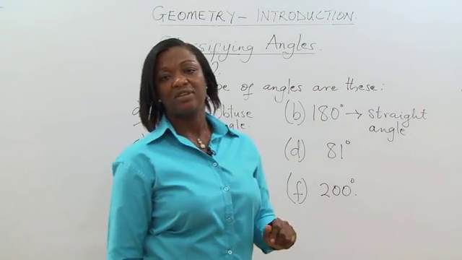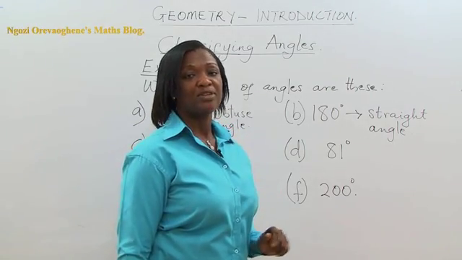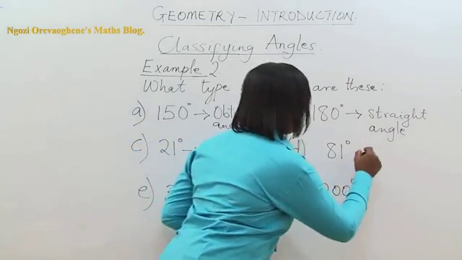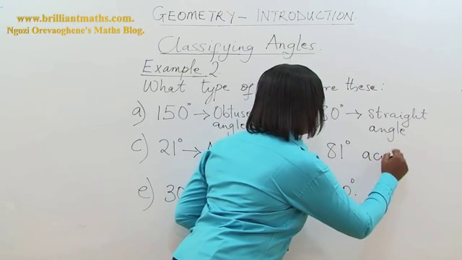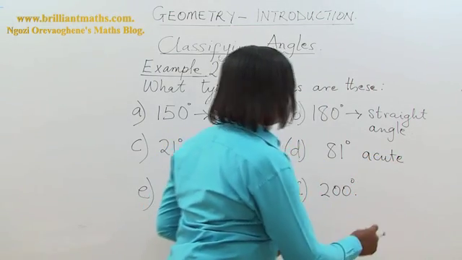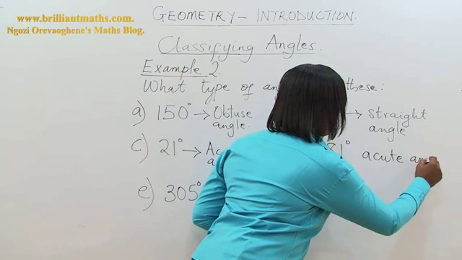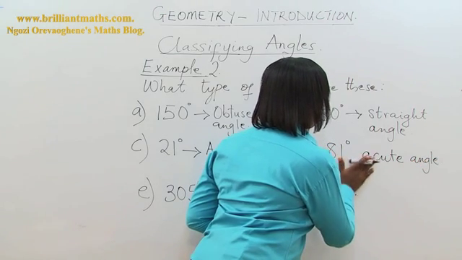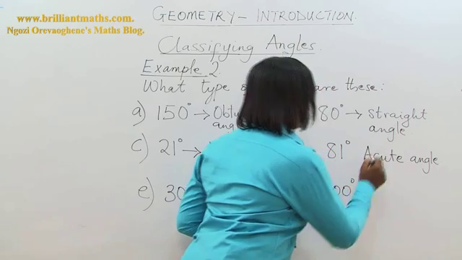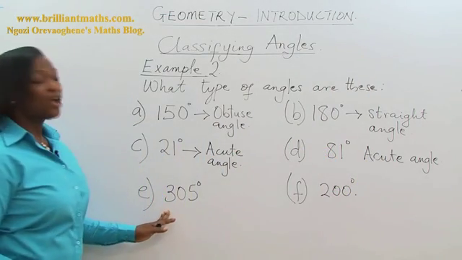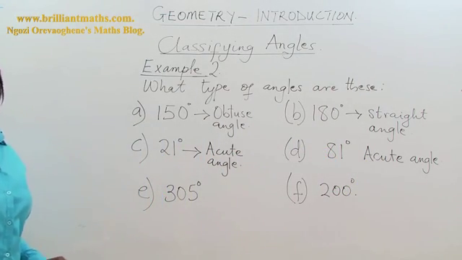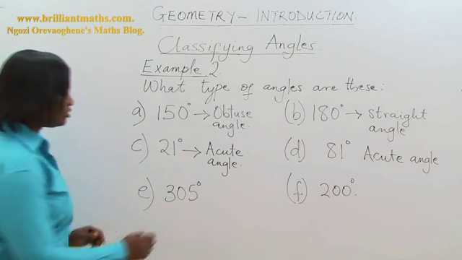81 degrees is less than 90 degrees. So that's also an acute angle. An angle of 305 degrees is a reflex angle.